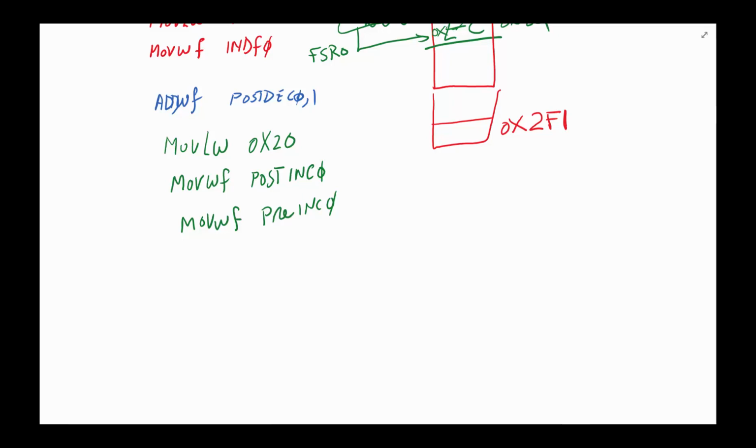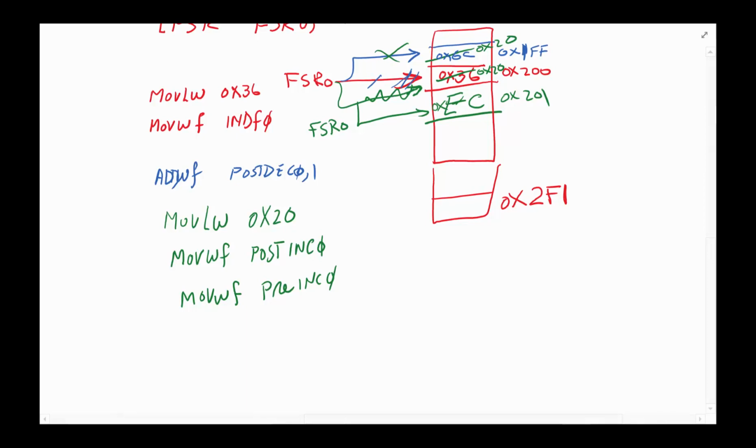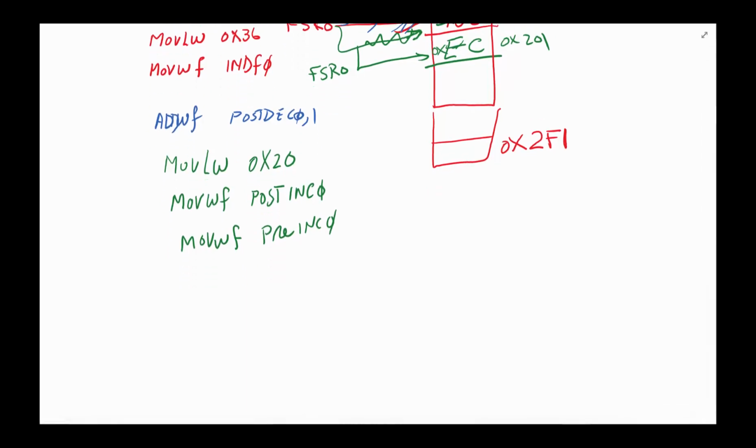Let me go back to black. So instead of using post-decrement and all of that, what I could do is say, why don't we do MOVLW, and we're going to put the difference in here. So the difference is going to be 0xF0. So I'm going to put that in the W register.